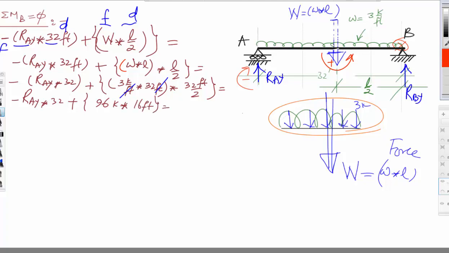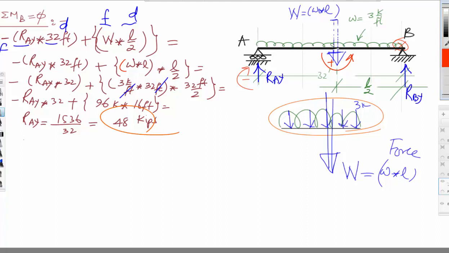So you see again, this will be in kip and this will be in feet. Kip and feet. So you have to understand this concept. So now if you isolate RAY, it is equal to 1536 divided by 32, and is equal to 48 kips. That is the value for the reaction.